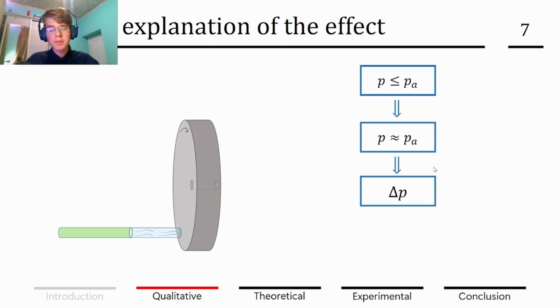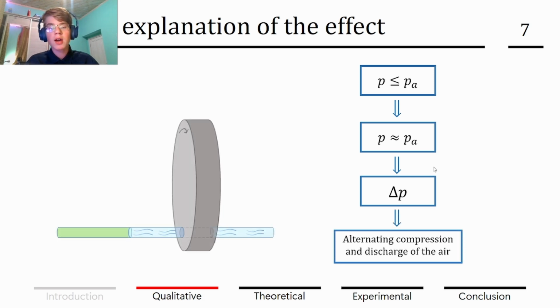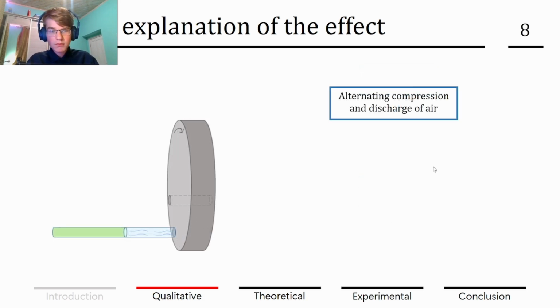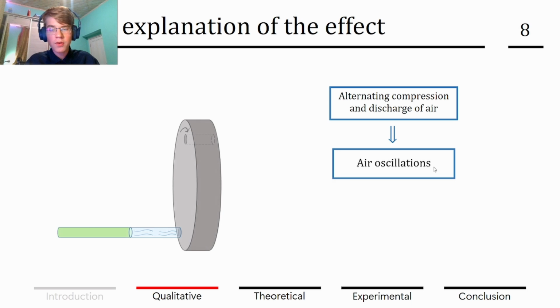The resultant pressure oscillations cause alternating compression and discharge of air. In turn, alternating compression and discharge of air is an oscillation of the air. The fact is that a sound wave is an oscillatory motion with small amplitude in a compressible gas, with alternating compression and decompression at each point, so the sound appears.